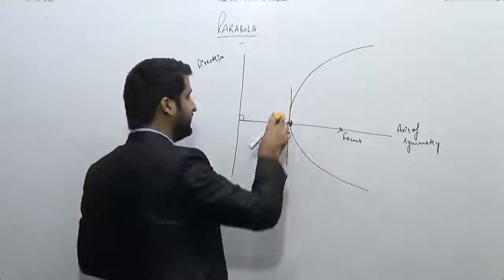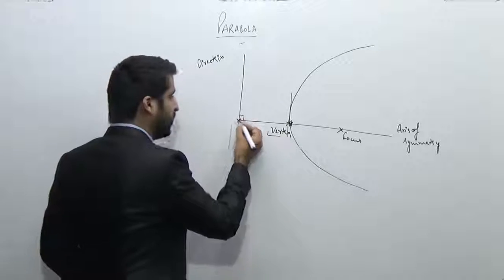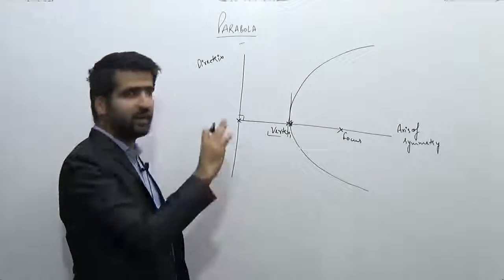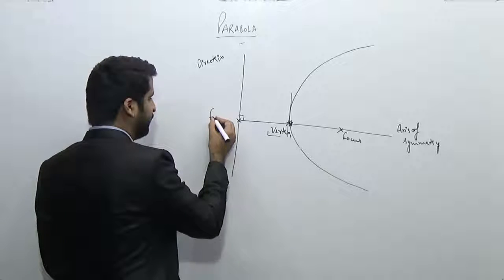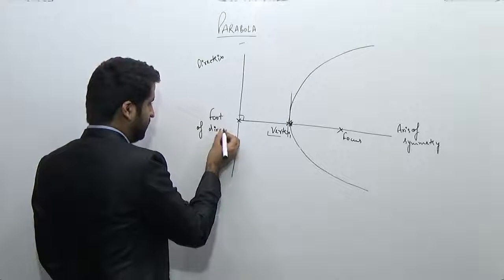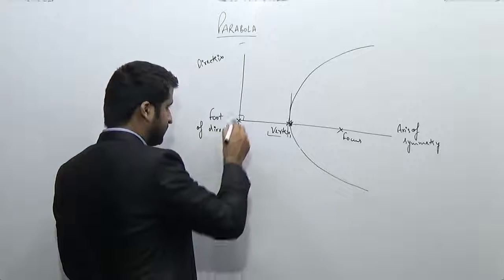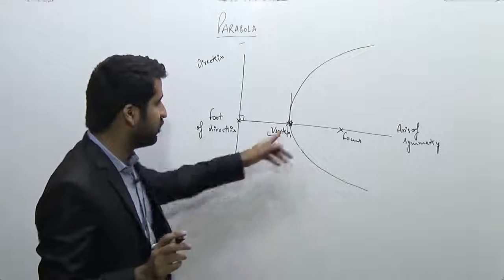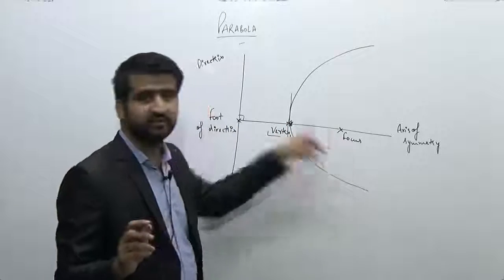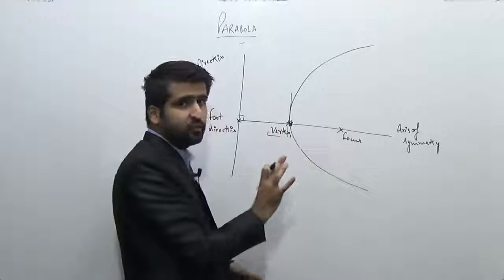Okay, now you need to know one more thing, which is this point. The point of intersection of the axis of symmetry and the directrix is called the foot of the directrix, or usually it is also called the foot. Now see, as we know that the parabola is the locus of a point whose distance from the focus and the directrix is constant, these two distances are equal.